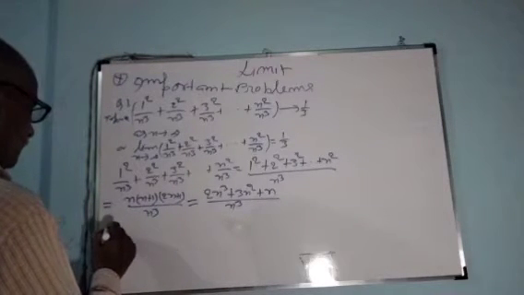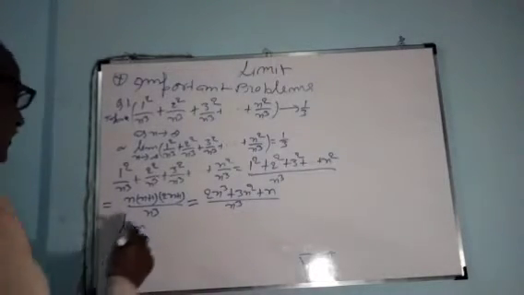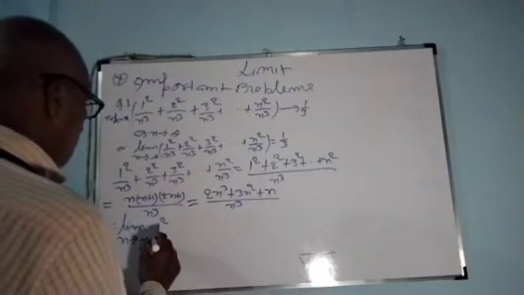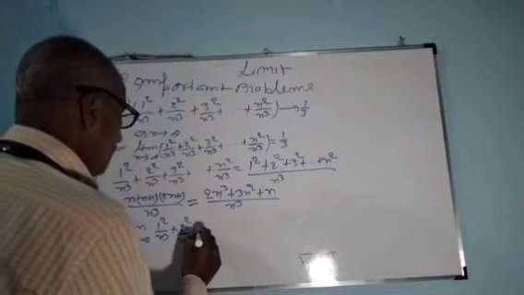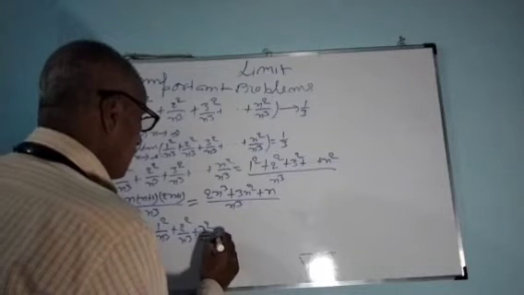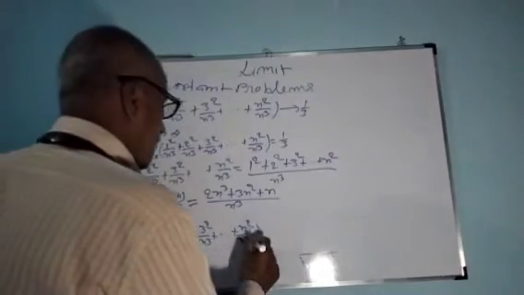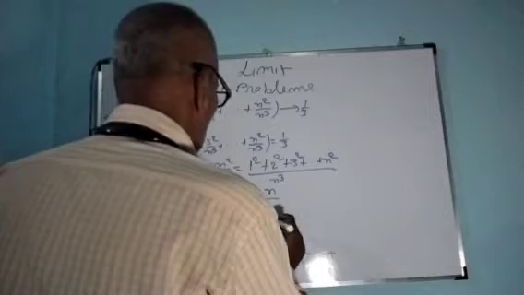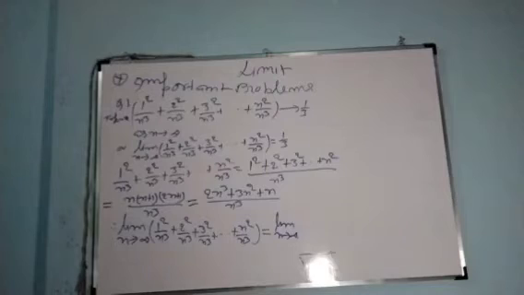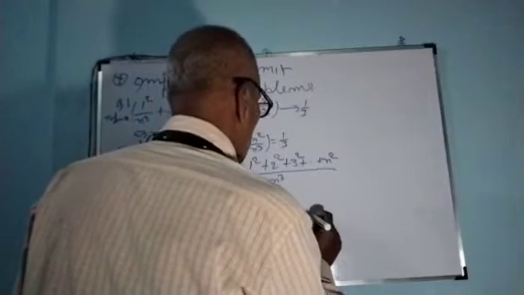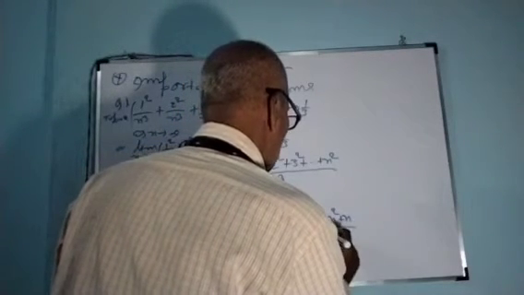Now, therefore, limit n tends to infinity of 1 square by n cube plus 2 square by n cube plus 3 square by n cube plus so on plus n square by n cube is equal to limit n tends to infinity of 2n cube plus 3n square plus n by n cube.